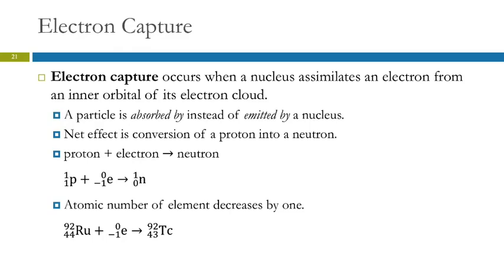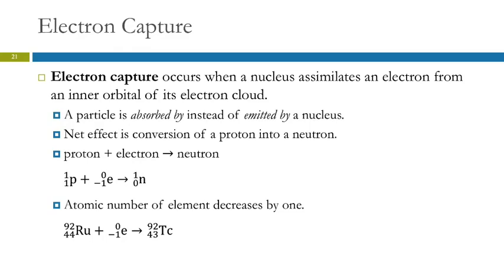Electron capture is a little different because we don't have something being emitted, we have something being absorbed. So this is when an electron gets captured into the nucleus. Oh, this is kind of weird, right? It's an electron from one of the inner orbitals of the electron cloud. So it's one of the atom's own electrons. It's not something that we're shooting at it. It's something from its own electron cloud.